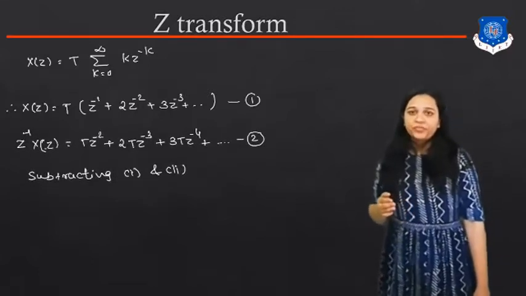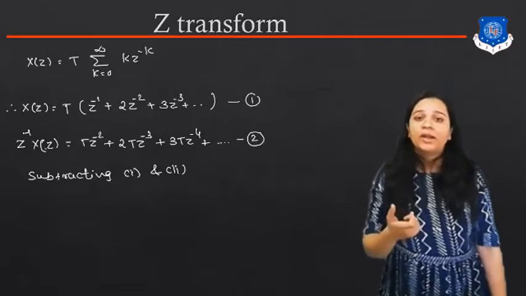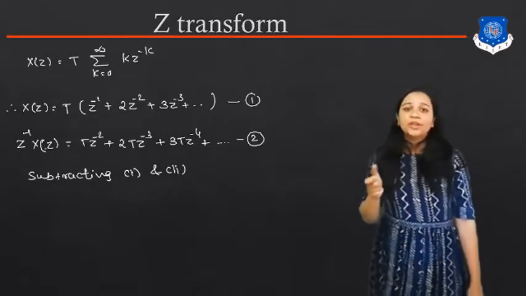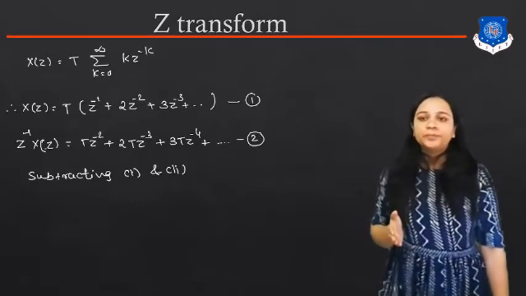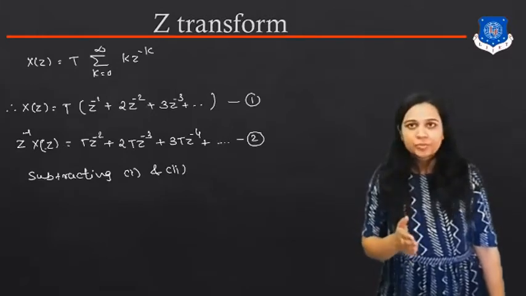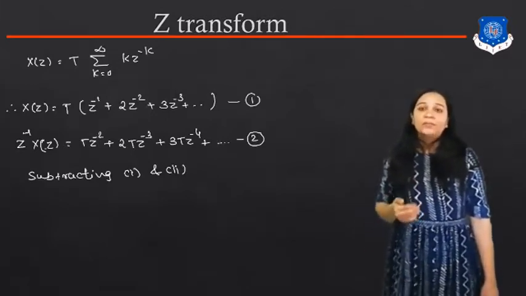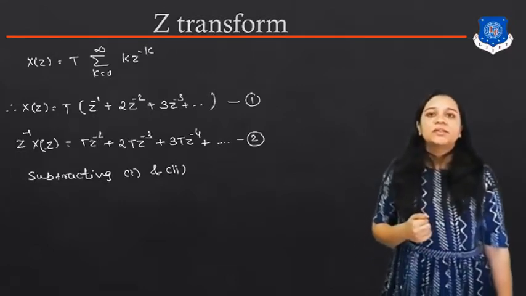Now we multiply both sides by z inverse. So z inverse x of z equals t into z raised to minus 2 plus 2t into z raised to minus 3 plus 3t into z raised to minus 4. This is my equation number 2.